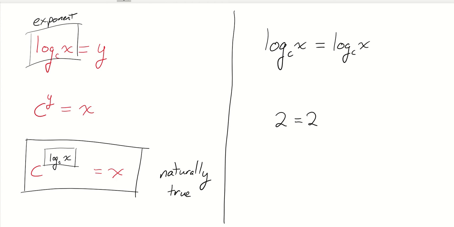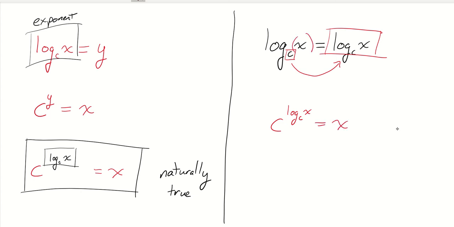Now, let's start to play with this statement a little bit. We could write this as base c to the power of log base c of x should be equal to the input of that logarithm on the left-hand side.